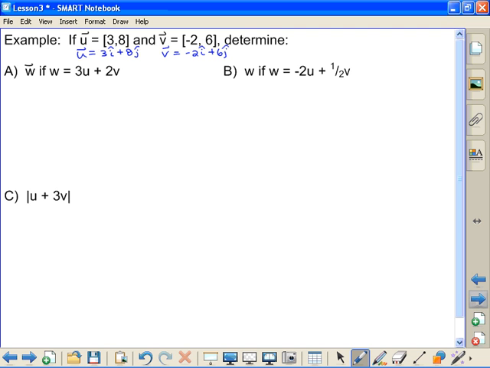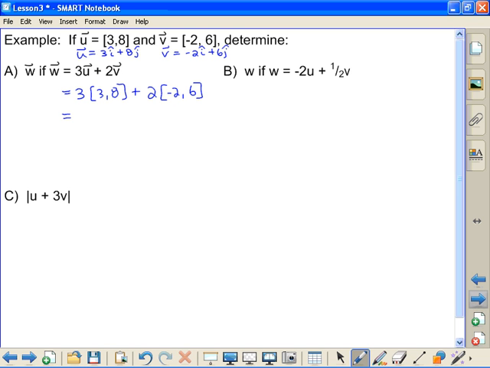w vector, so we're doing addition. If w is equal to 3u plus 2v, and I do this with coordinate form first, I replace my vector u with the actual vector, 3, 8, plus 2 times the v vector, negative 2, 6. So my first step is replacement.